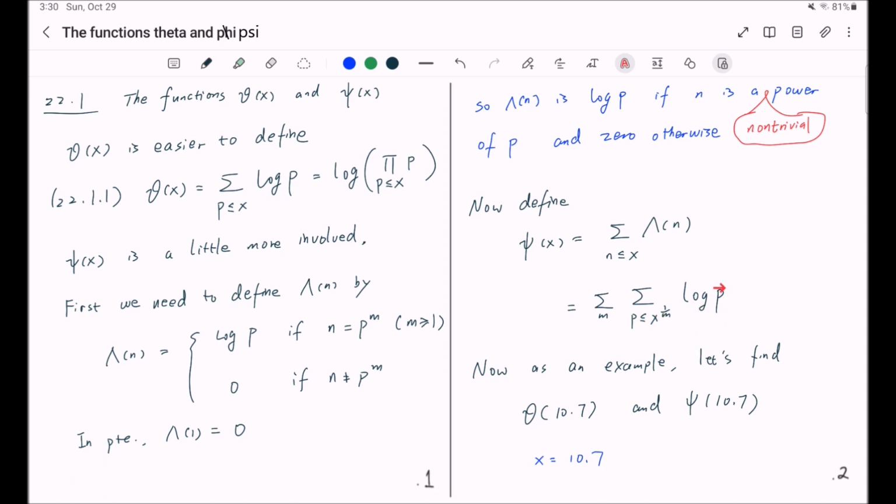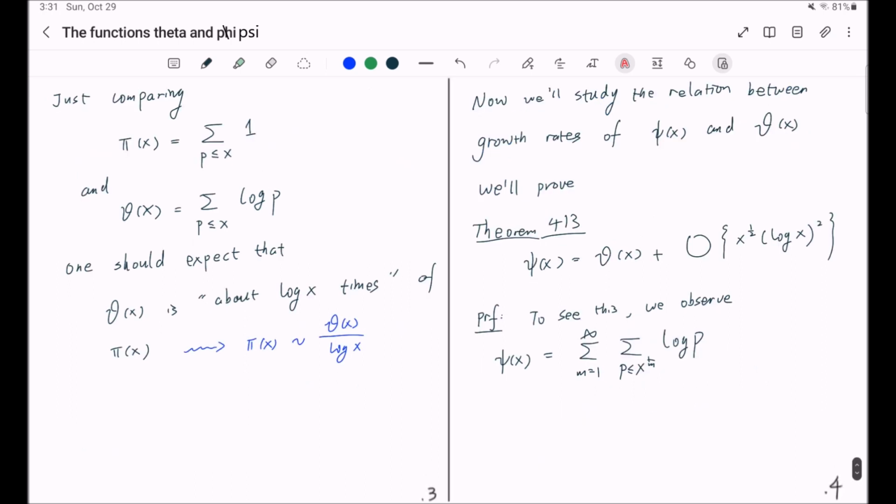So I'm summing up all such log of p's. So this is the definition.